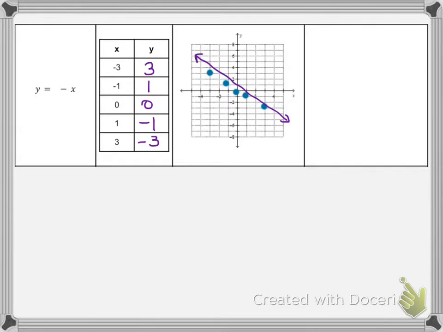Okay, and then what we notice about this one, if I had done my line a little better, is that this changes our slope. Okay, so this is going to be a reflection over the x-axis.